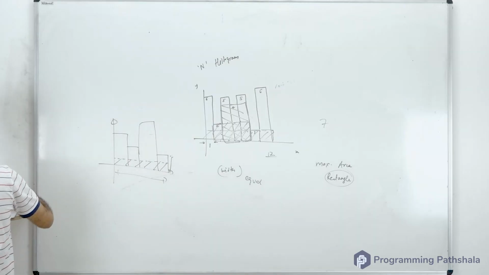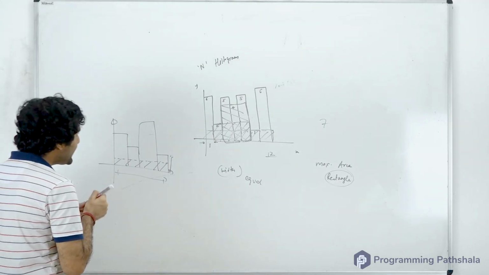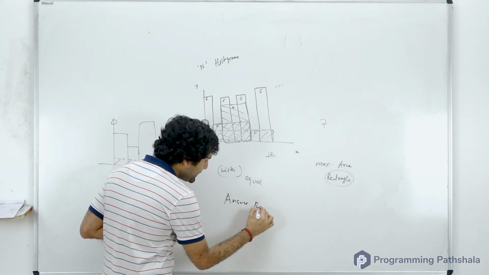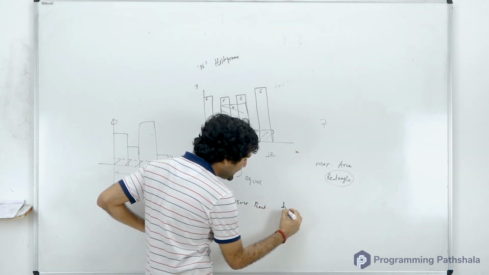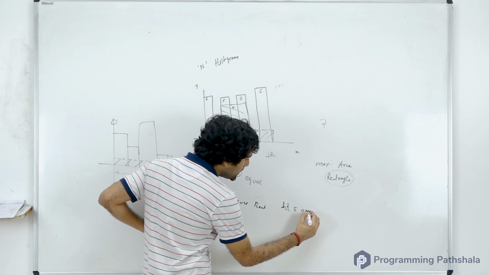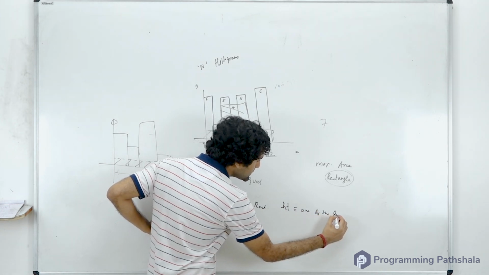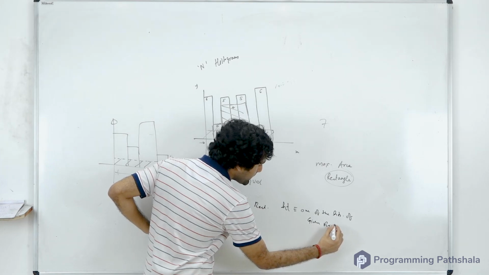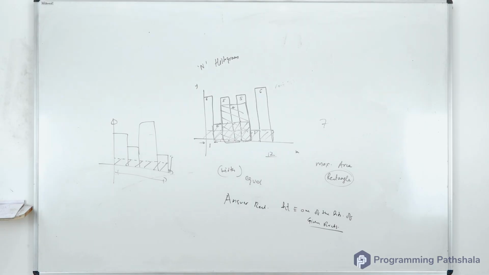So if you got this, can I say that whatever will be my answer rectangle, its height will be one of the heights of the given set of rectangles? Guys, yes or no? Because I just said this thing, right?